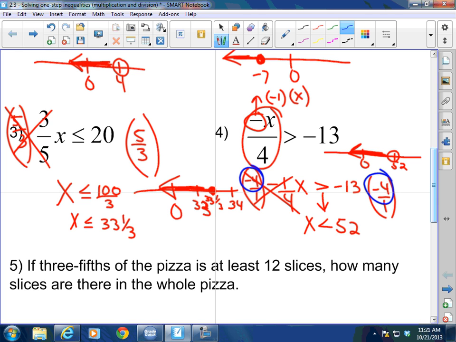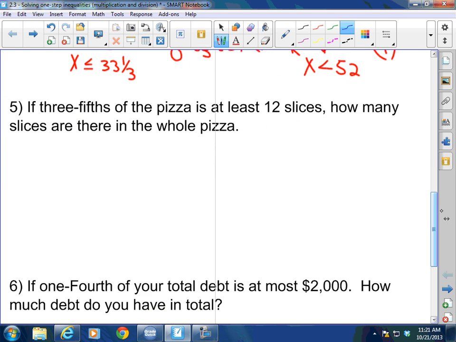Okay, let's do some more problems. If 3/5 of the pizza is at least 12 slices, how many slices are there in the whole pizza? Oh, I like that one.